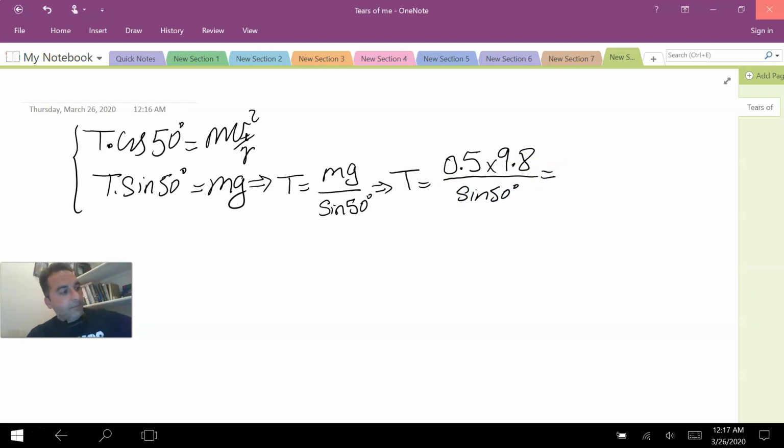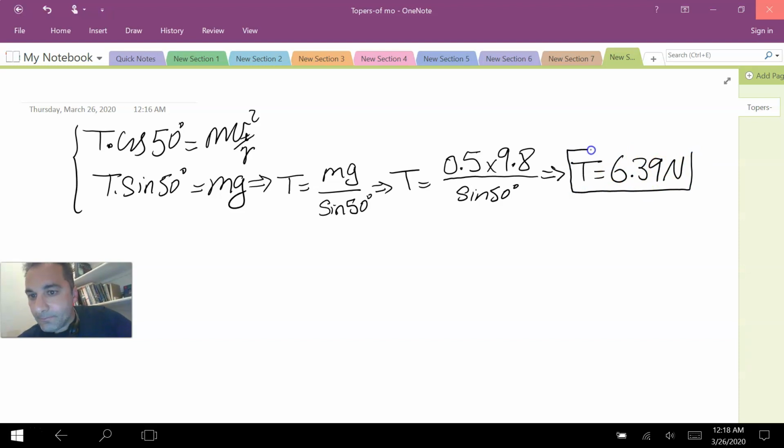So the answer will be, let's see, 0.5 times 9.8 divided by sine 50. The answer is 6.39. So tension is 6.39 newtons. This is my tension.